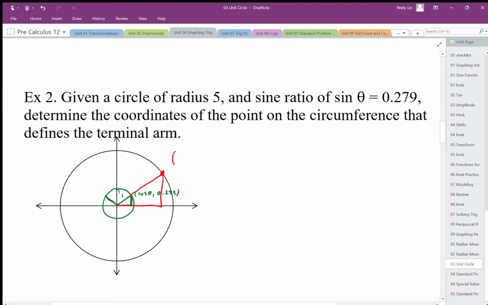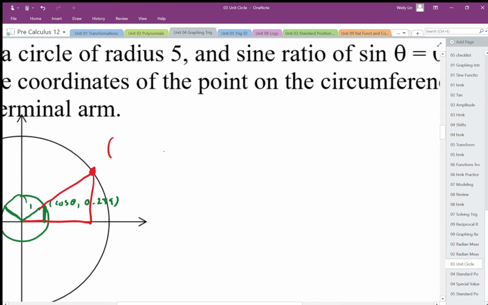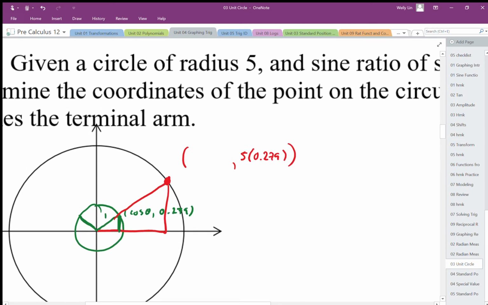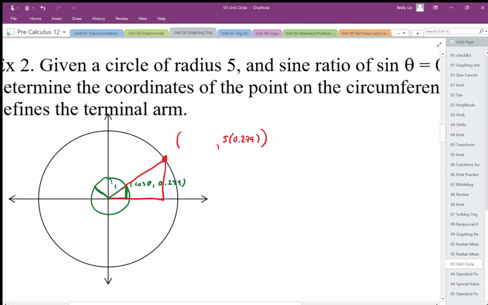So if I want to find out the coordinates of that point, I'm just going to multiply that by 5. So 5 times 0.279 becomes my y coordinate of that point P. Okay, so that's going to be the y coordinate, and I can do the same thing here. I can just extend that out to radius 5.